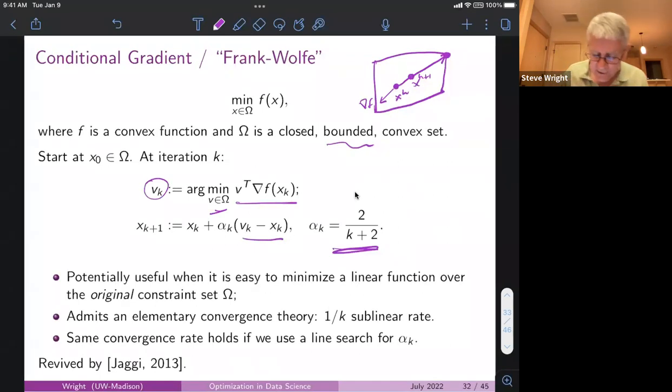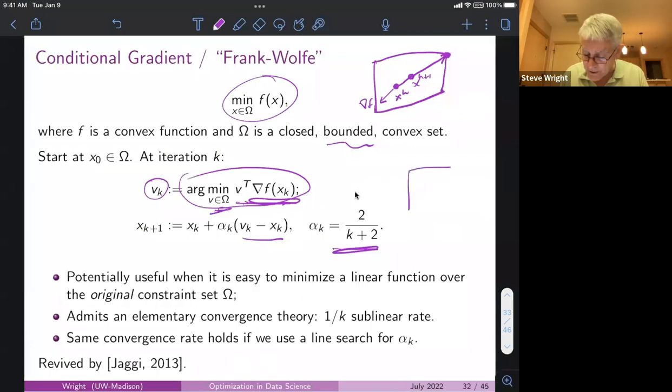So it's sort of like a gradient-based method, but at every iteration, it minimizes a linear function over the original constraint set. So obviously, it's going to be useful if it's easy to do this. It might be hard to minimize the original non-convex function over omega, but it might be very easy to minimize a linear function over omega. This is true, for example, when omega is a box or a hypercube.